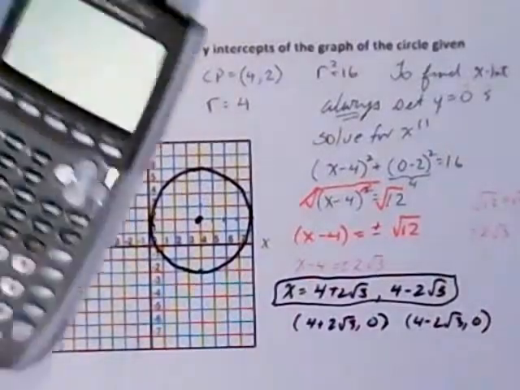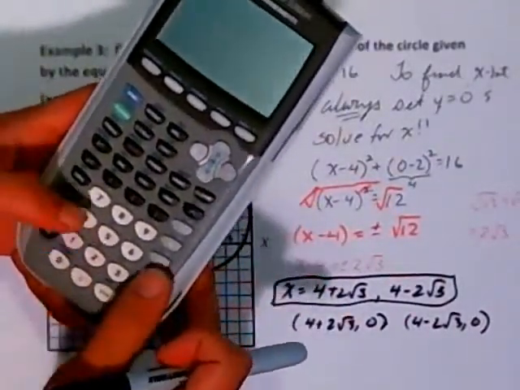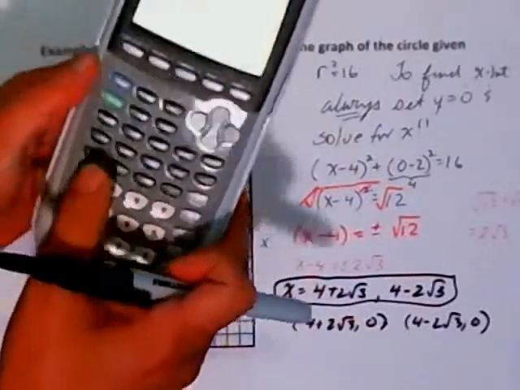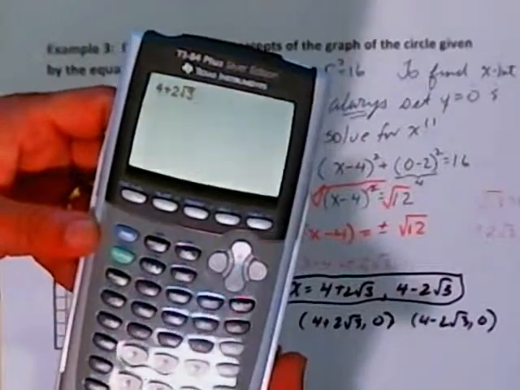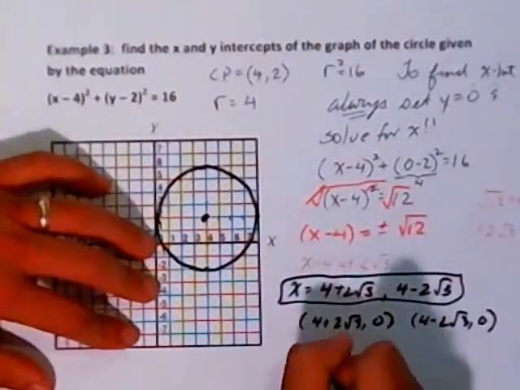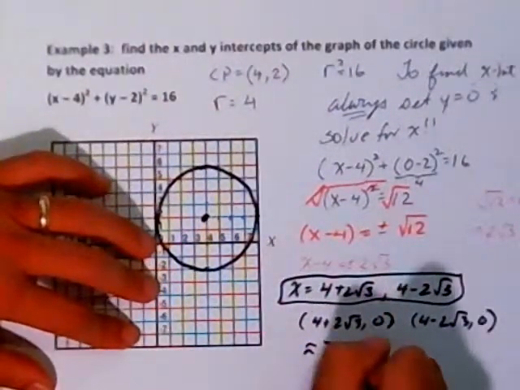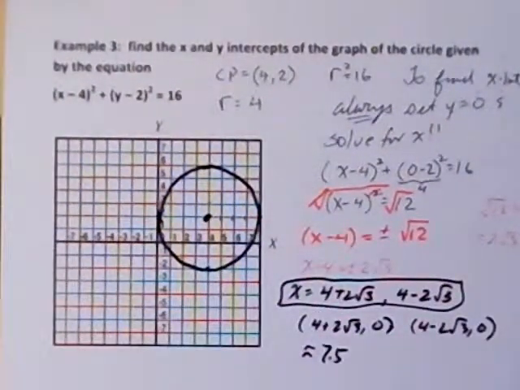So let's work it out on a calculator right over here. 4 plus 2 radical 3. I don't know if you can see that or not. There it is right there. It's going to be 7.5 approximately. So this is approximately 7.5. We're also going to do this with minus instead.